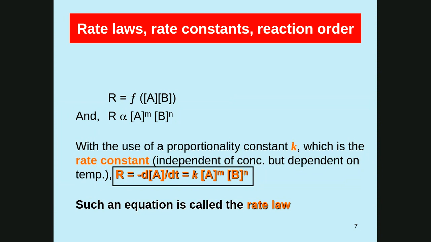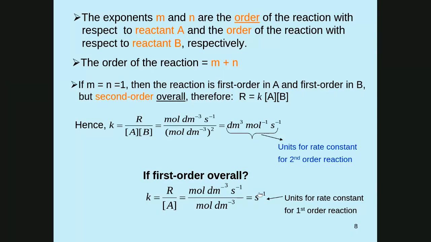So the unit of the rate constant is variable. Depends on the particular rate law, right? So in this particular example, the unit of k is found by expressing k as the rate divided by the product of A and B, and then substituting for these symbols the respective units.